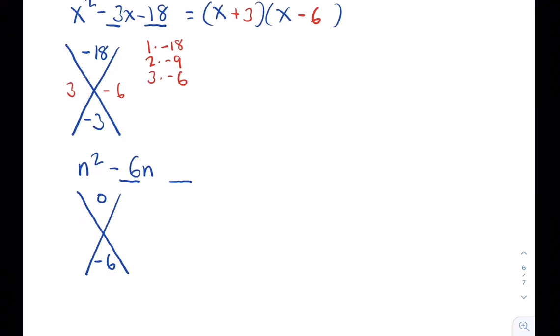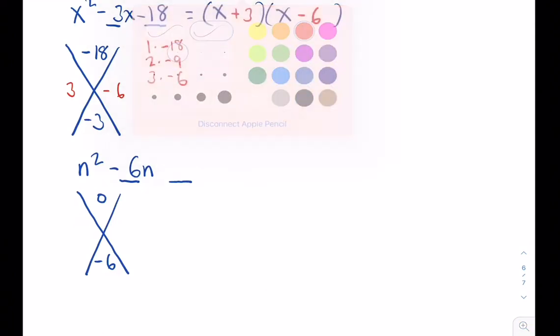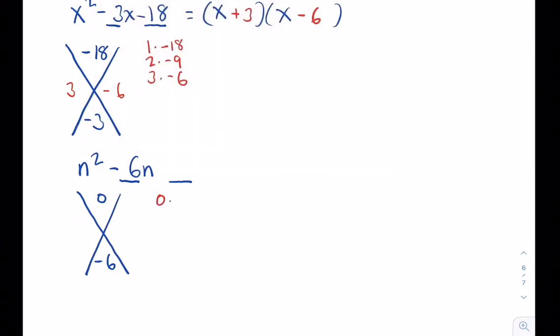In order to multiply to 0, it has to be something times 0. So 0 times some number that's going to add to negative 6. So it has to be negative 6, right? So 0 times negative 6 equals 0, and 0 plus negative 6 equals negative 6. So our numbers are 0 and negative 6.